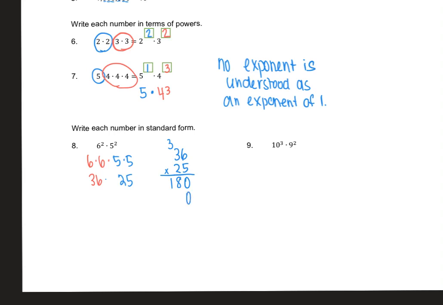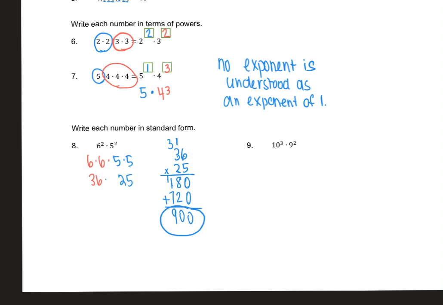We're going to bring down the 0 as a placeholder, and now we're going to multiply with the 2. 2 times 6 is 12. We're going to carry the 1. 2 times 3 is 6, plus 1 is 7. 0, 10, carry the 1, 7, 8, 9. And we get 900.